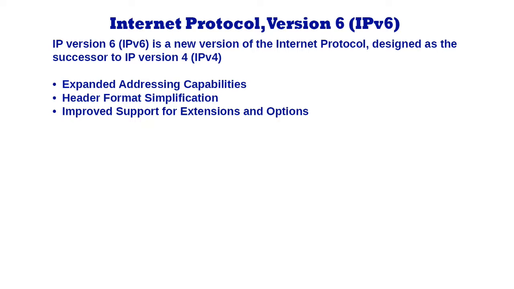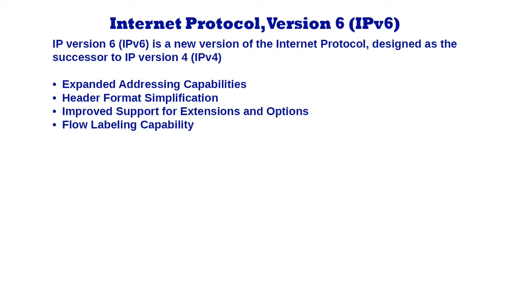Third, improved support for extensions and options. Changes in the way IP header options are encoded allow for more efficient forwarding, less stringent limits on the length of options, and greater flexibility for introducing new options in the future.